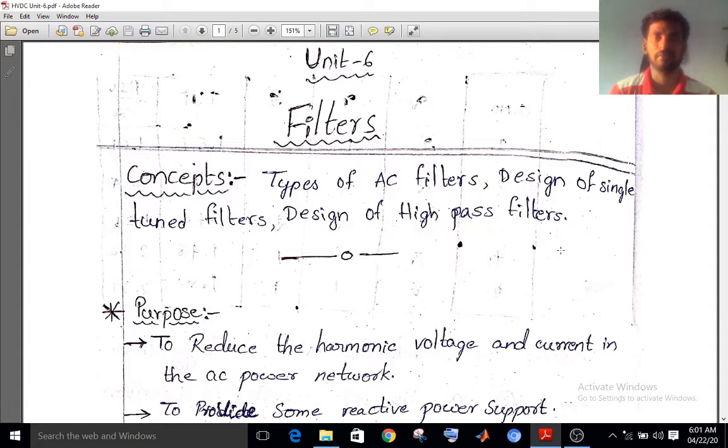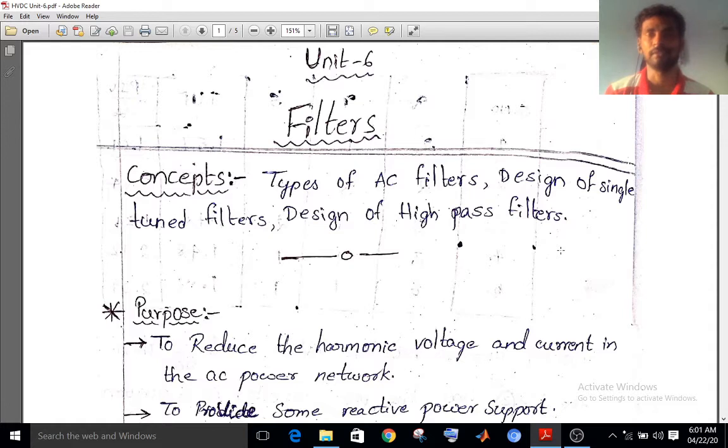Before going to discuss, we have to know why we need filters in HVDC transmission. As we already saw in the HVDC converter station, we place filters on both the AC and DC side, in order to filter out the harmonic components induced into the HVDC transmission system due to the presence of power electronic devices in the converter stations.